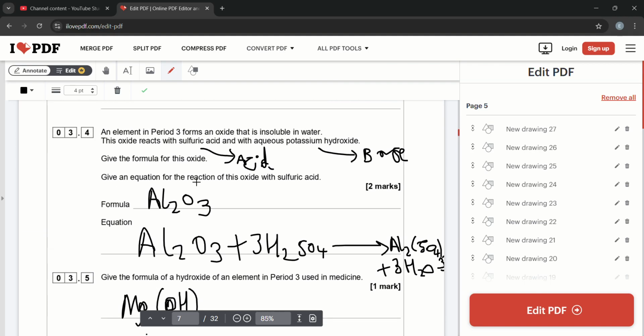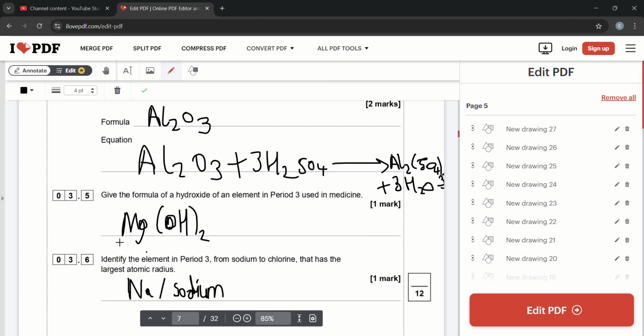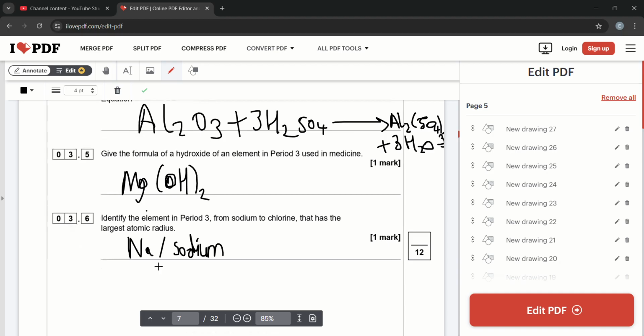Al2O3, aluminium oxide, Al2O3 plus 3H2SO4 gives Al2(SO4)3 plus 3H2O. Magnesium hydroxide is the formula of a hydroxide used in medicine, and then sodium is the element with the largest atomic radius.